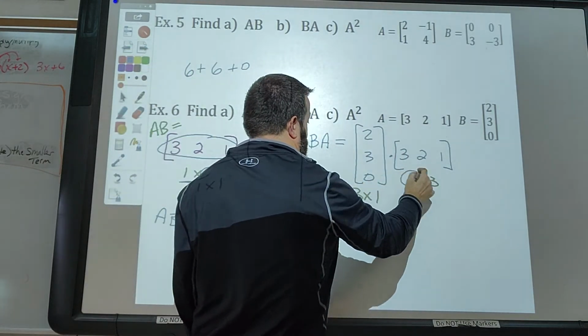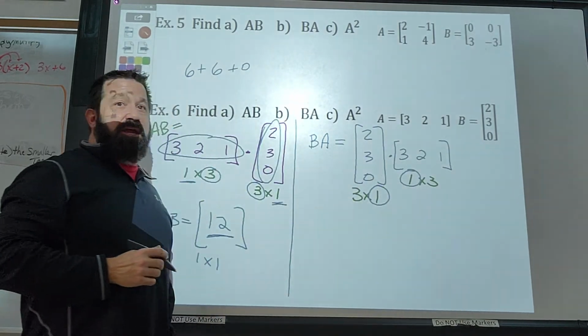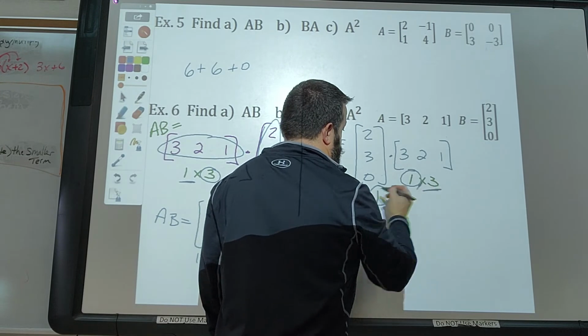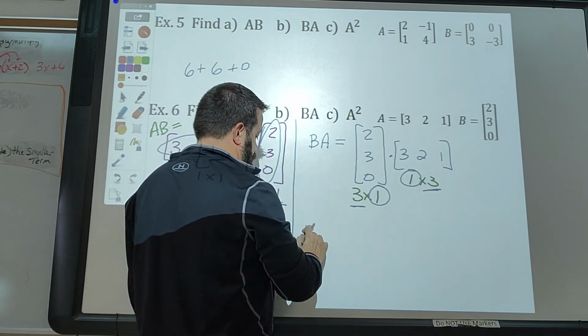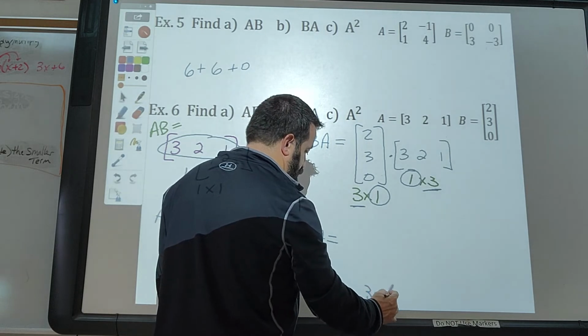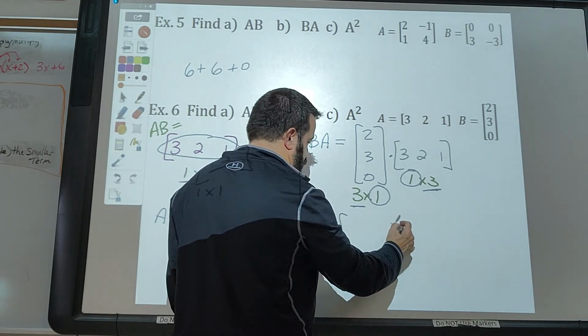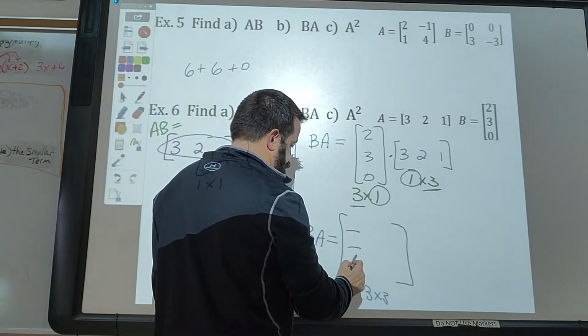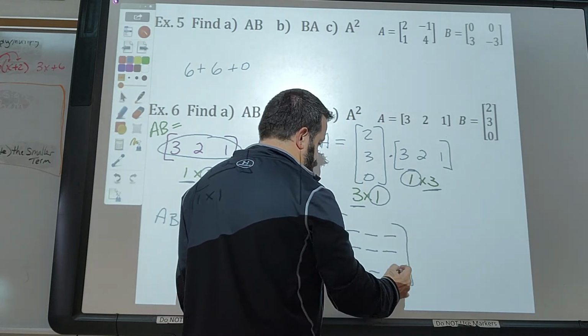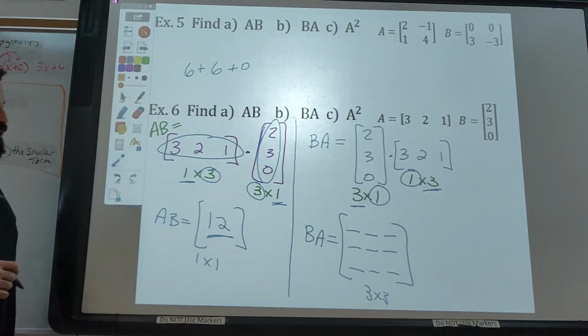Therefore, it is possible because the inner dimensions are the same. But notice, now, the outer dimensions that are left over for my answer is a 3 by 3. So that means I have 3 rows and 3 columns for my answer. I only had 6 total elements to begin with, but now I'm going to have 9 elements in my answer. This is the other part that's strange.